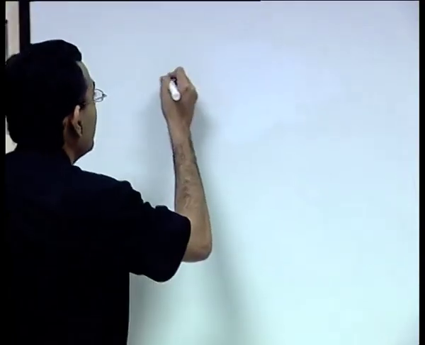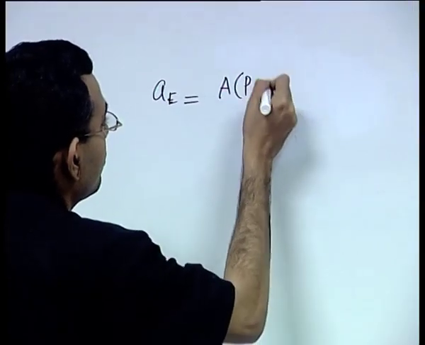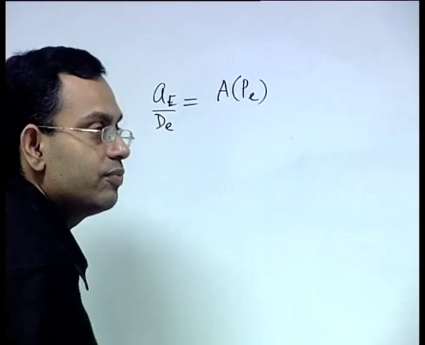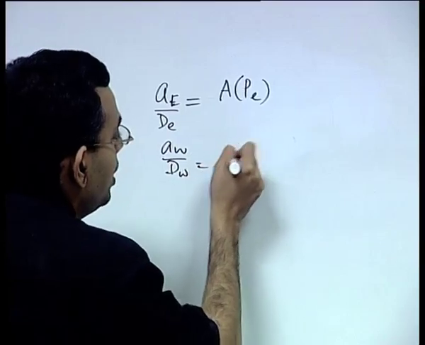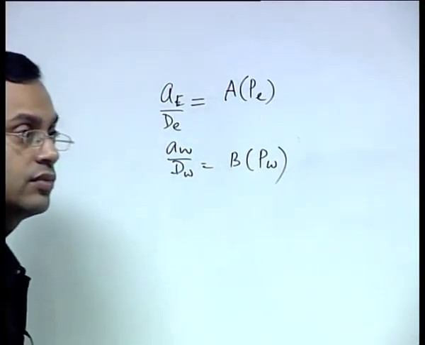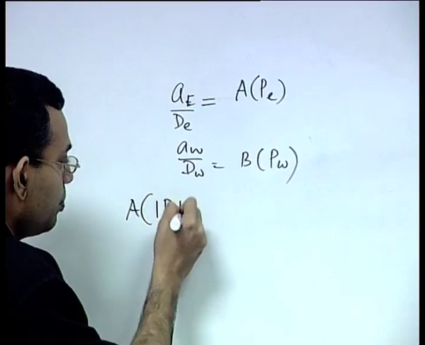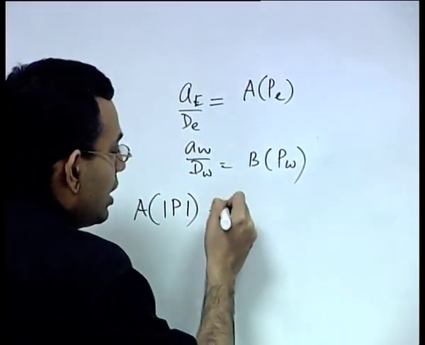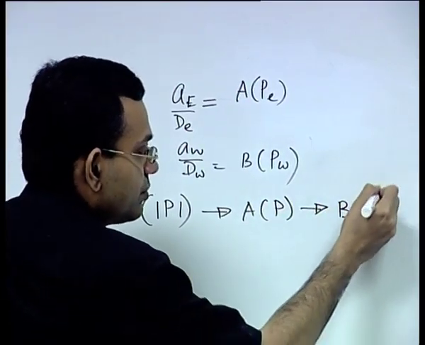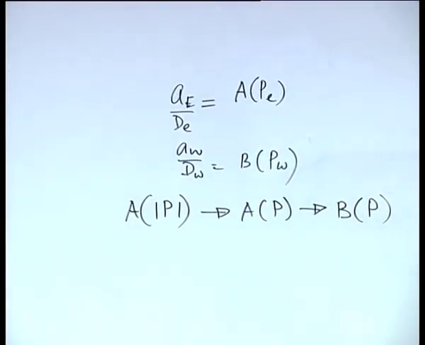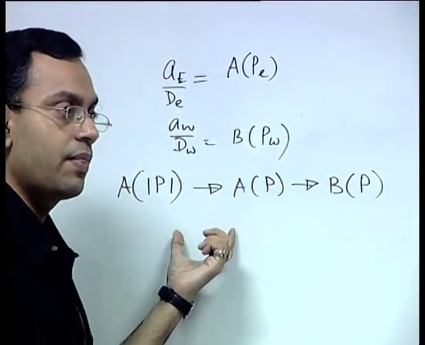So, you can calculate AE from A of AE by D is equal to A of P, and AW by DW is equal to B of PW. So, the scheme may be that you first know what is A of mod P, from that you calculate A of P, and from that you can calculate B of P by using their respective relationships.